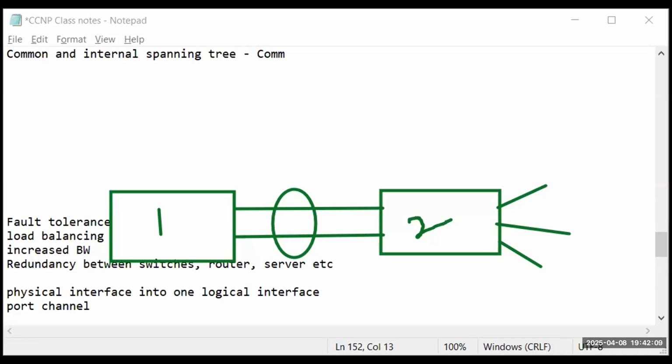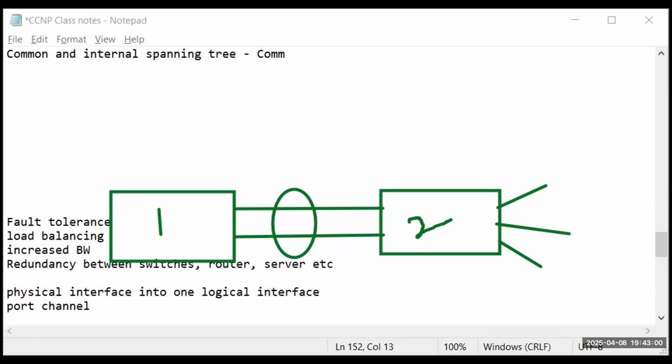Can you repeat the definition? So EtherChannel: when a device is having multiple physical interfaces connecting to a remote device, those physical interfaces can be aggregated and configured as one logical interface.